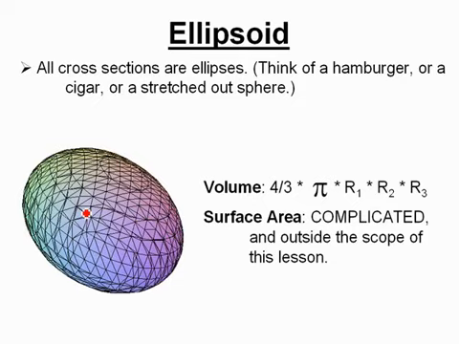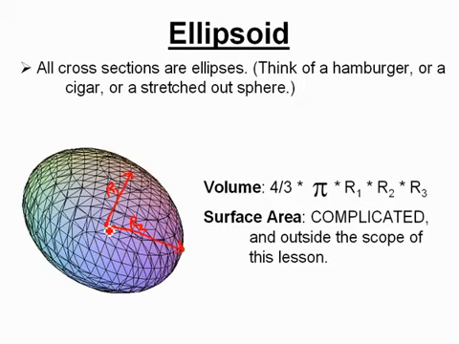So there's 3 radii in the ellipsoid. Or I call them radii, but that might not be the proper term. It's the vocabulary I use. There's one that goes from the center upward to the top. We'll call that R1. There's one that goes from the center to the side. We'll call that R2.